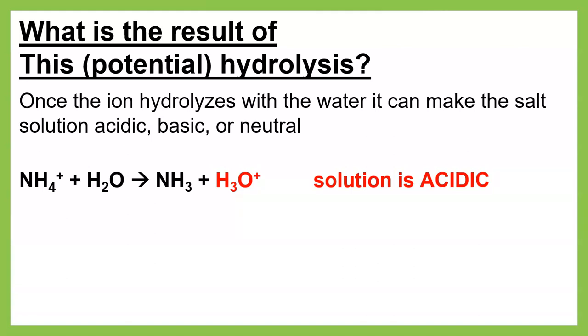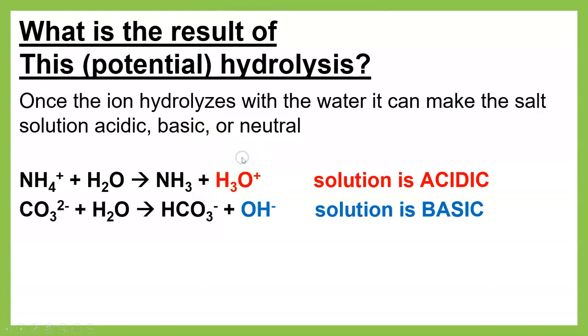One option is that the ion hydrolyzes and the resulting solution becomes acidic because hydronium is formed. Another option is that our ion hydrolyzes but goes the other direction and takes one of the hydrogens off of water, which results in hydroxides being made, so the solution would become basic.